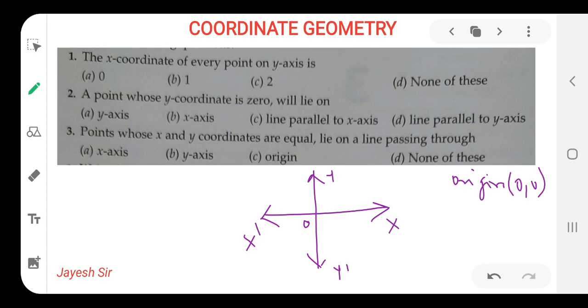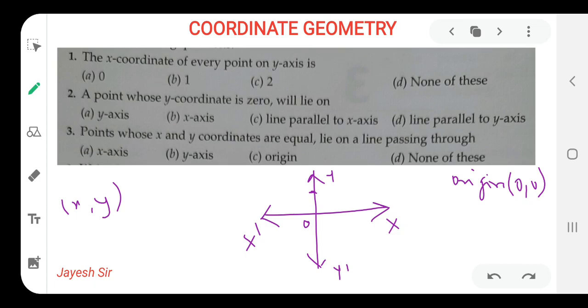A coordinate means x comma y, two terms. The x coordinate of every point on the y axis, that means the point is lying somewhere on the y axis, would definitely be 0. Then and only then can the point be on the y axis.